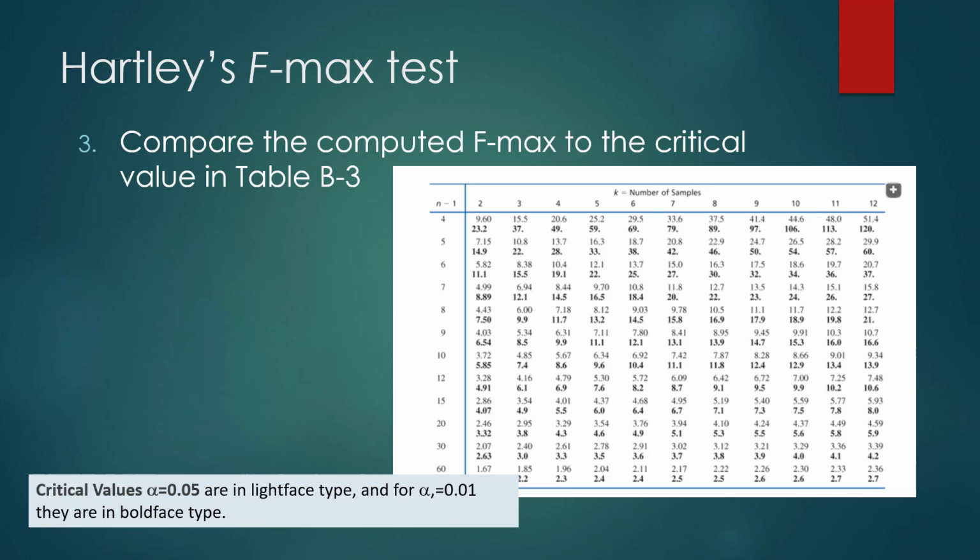So we have to go to a table to find the critical Fmax value. Here, critical values for 0.05 are in light face type, so they're the ones that aren't in bold. And for 0.01, they are in boldface. So we said 0.05. So we had the number of samples. For independent measures, it's 2. n minus 1 was 6.